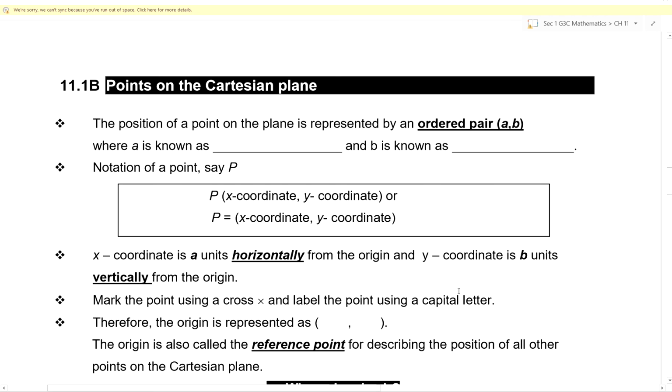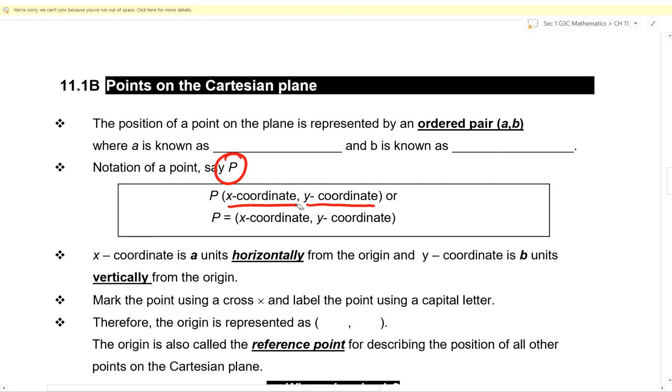After we have defined the Cartesian plane, now we need to use it to determine where points are. So for example, if we got a point called P, so this point P is represented by an x coordinate and a y coordinate, separated by a comma, and they are both inside round brackets.